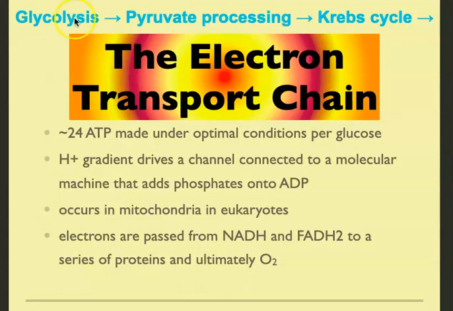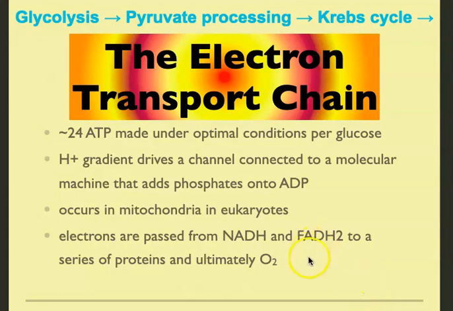And all of these processes need to occur before the electron transport chain can work properly, because the electron transport chain receives the protons that it needs from the production of the electron and proton carriers from these processes, specifically from the Krebs cycle, but also from the other processes.